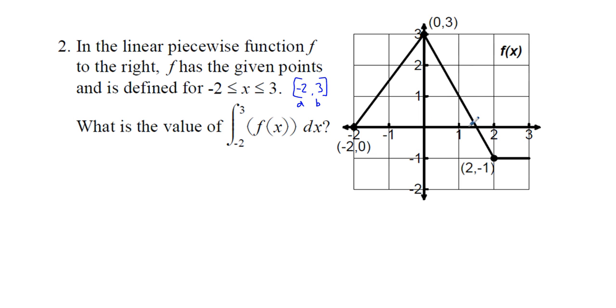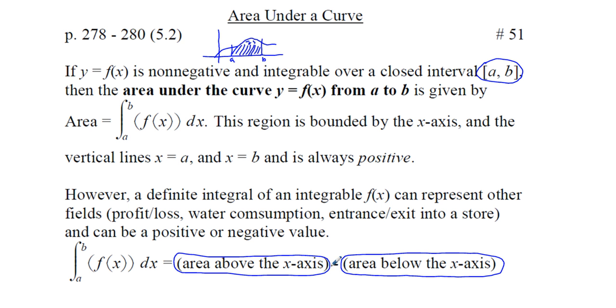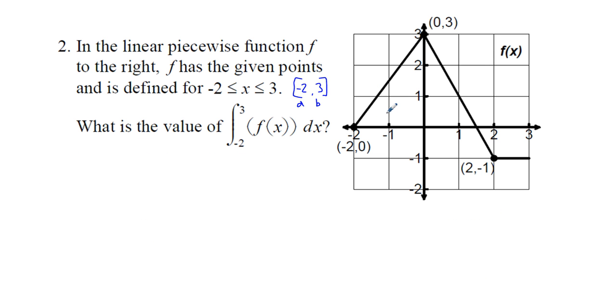We have our area above the x-axis, this triangle right here, which is our positive. Then we have this area below the x-axis, this trapezoid, so we'll say negative area.